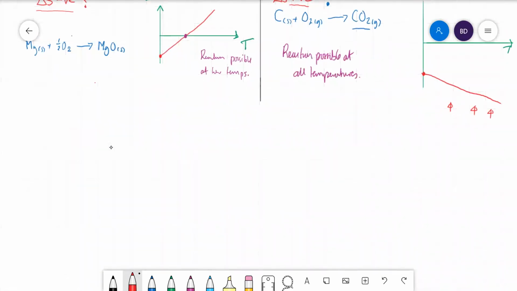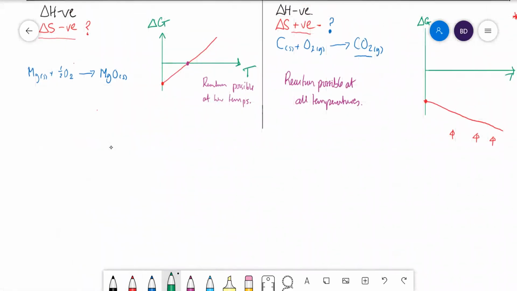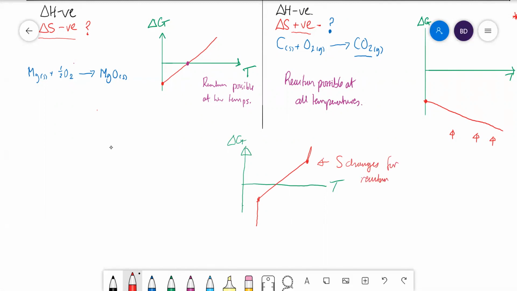These graphs are idealized. I've drawn my graph of delta G against T going like that. In actual fact, you sometimes get kinks where the gradient changes in these lines, and that's because S can change very suddenly for a reactant, for example, due to changes of phase.